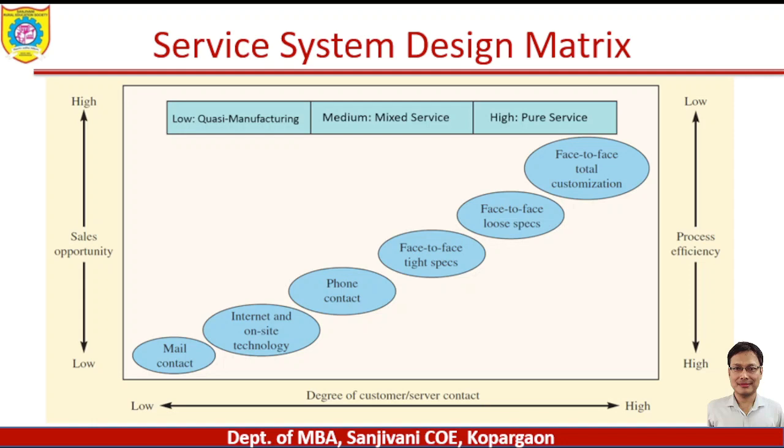And logically, we can understand this because if we increase the face-to-face contact with the individual customer, with the highest customization, we are giving more time to a single customer. So every customer's needs and requirements are different.